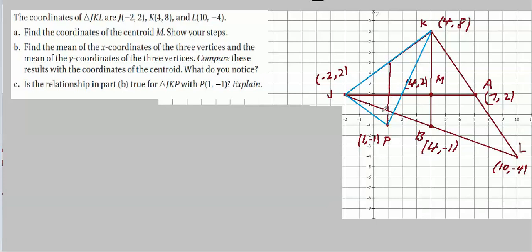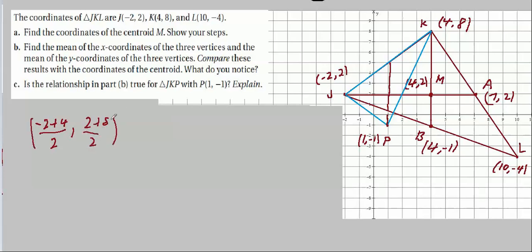Well, let's see what this midpoint would be. Minus 2 plus 4 over 2. 2 plus 8, it's supposed to be an 8 there.